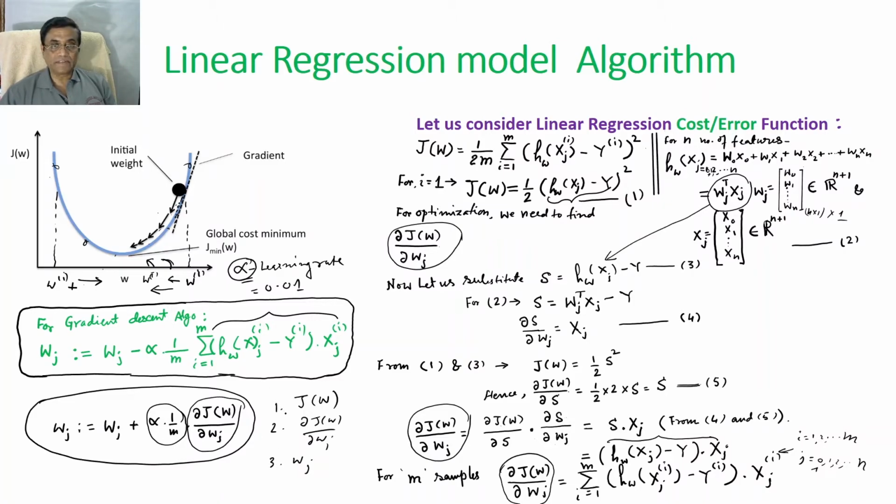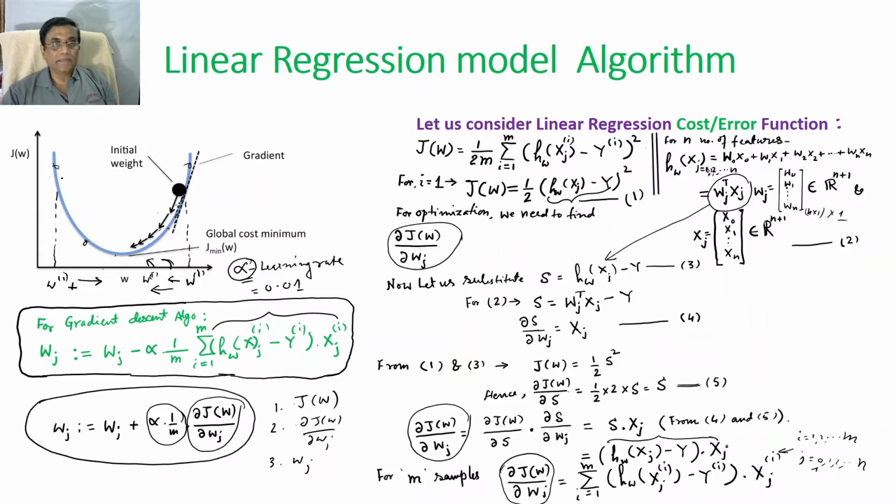Once after one iteration you get Wj, you evaluate this function. But that's a design issue, right? If the computation is too complex, if you have 1 million features, then computing this may take time and resources. But anyway, a good way is to evaluate these two simultaneously.